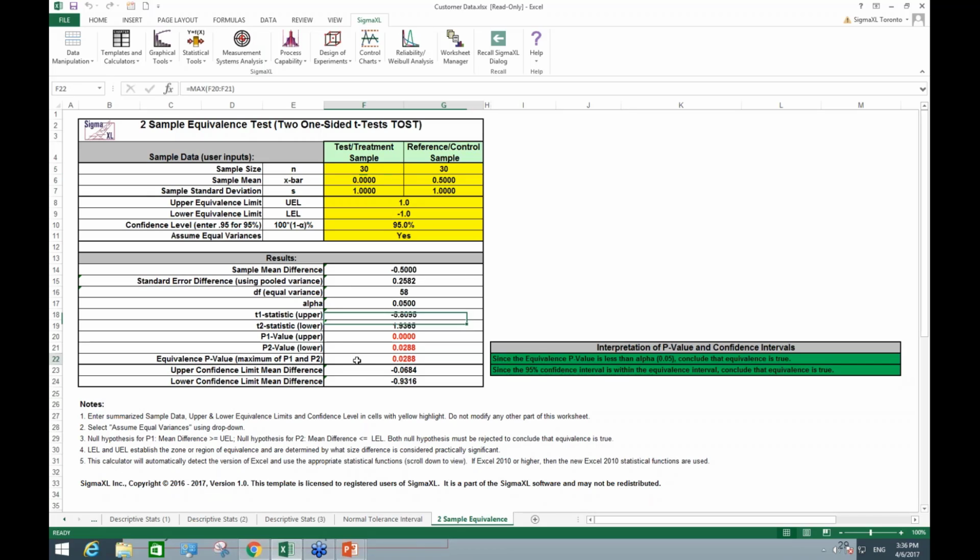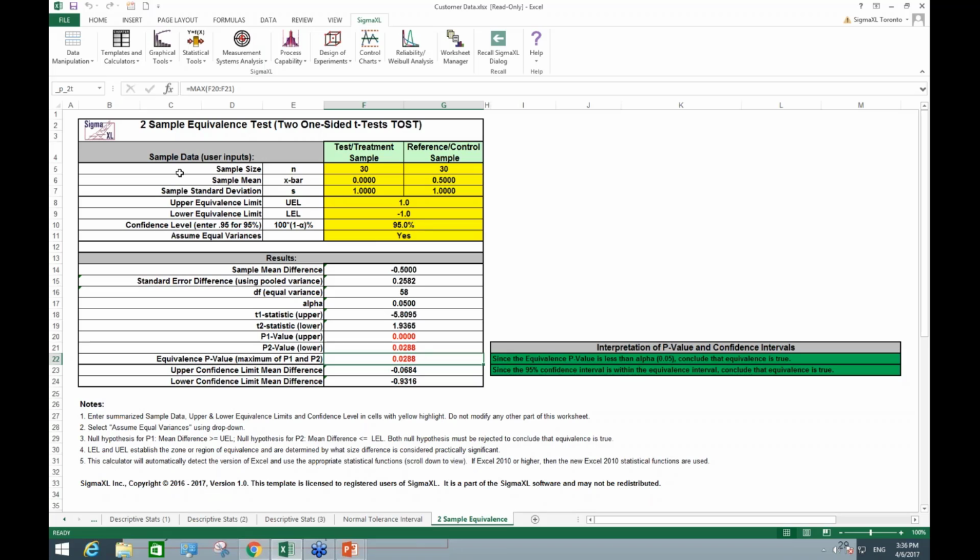So if this is red, if we reject both null hypotheses, then we conclude that we have equivalence. Okay? And you can interpret either from the confidence interval, that the 95% confidence interval is within the equivalence interval, or you can conclude from the equivalence p-value that equivalence is true. Okay, so that's the two-sample equivalence test.